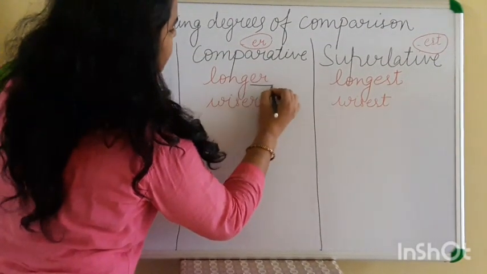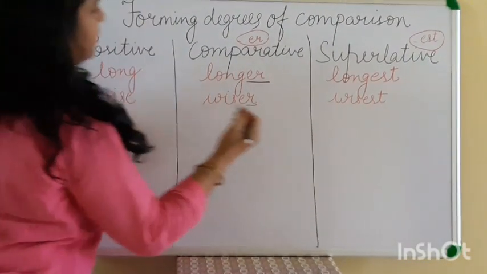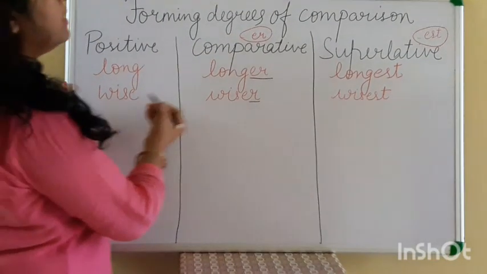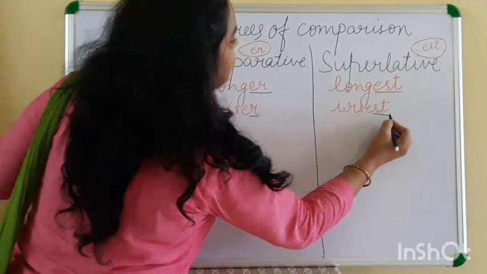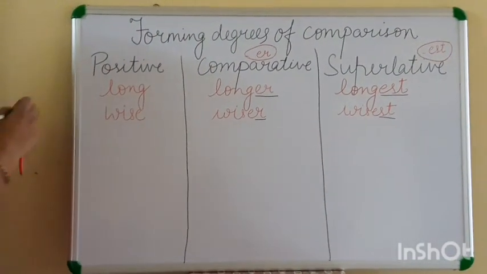Here we added ER. Here we added only R because the word ends with E. Here we added EST. Here only ST because the word ends with E.